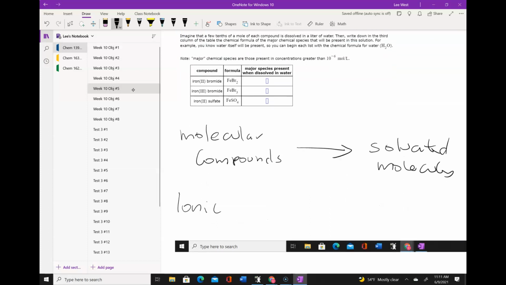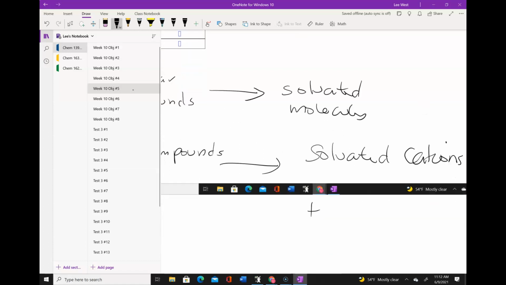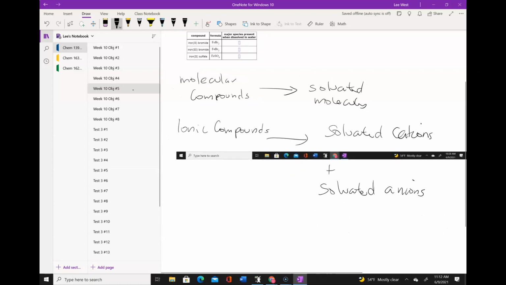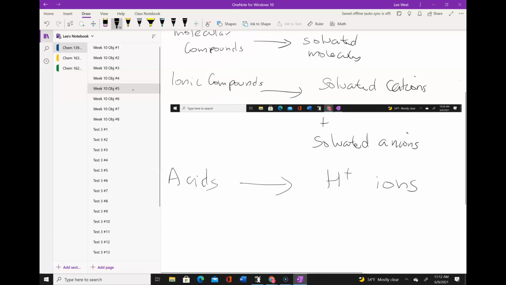When ionic compounds are dissolved, you get solvated cations and you get solvated anions. When acids are dissolved, you get H+ ions, and you get solvated anions.